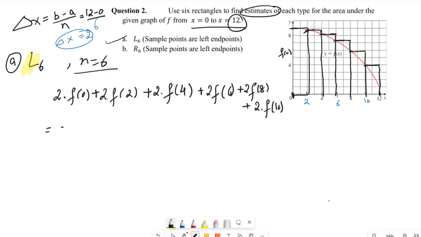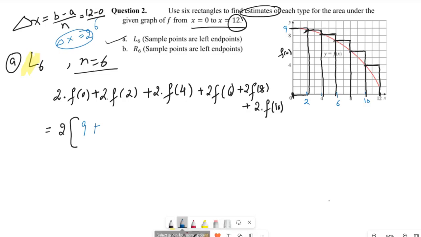We can factor 2 out. F of 0 seems like this is 8 and this is 9, so f of 0 seems like it's 9. If the graph is given like that, then you're just trying to estimate it. It's not an exact value, right?